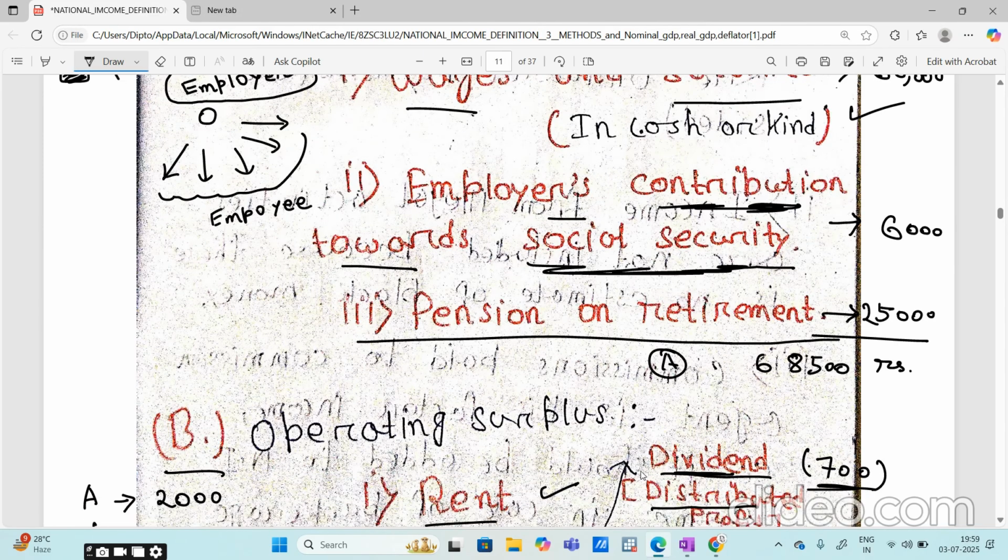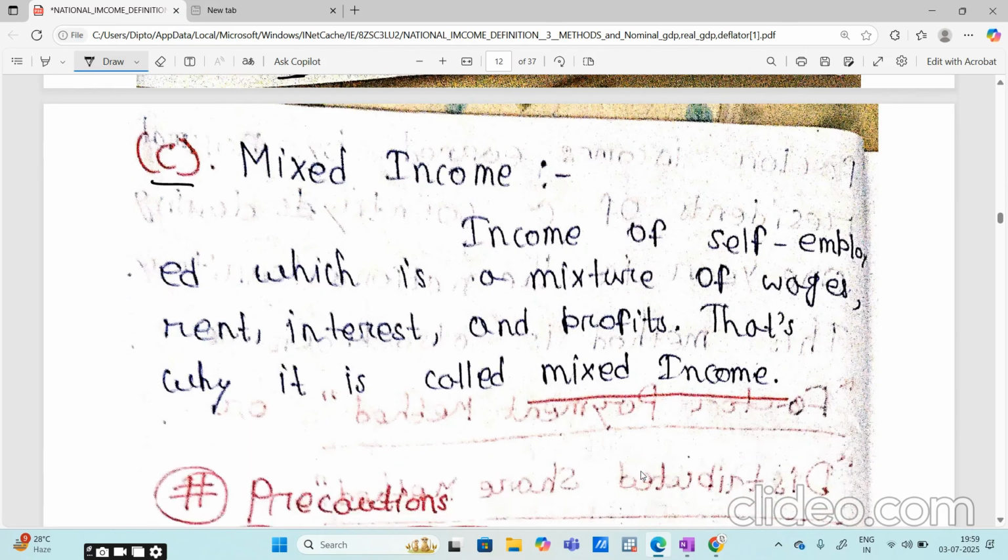Now the third part, that is mixed income, the income of self-employed people like me, who is giving you tuitions and getting the salary. So my income cannot be a wage, because wage is basically when a service is being given. If I am working in a corporate company and taking salary from the employer, then that is wage, right?